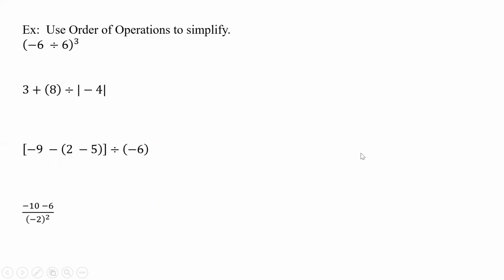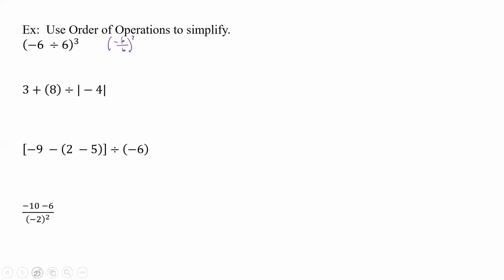So now we're going to use that PEMDAS, and we're going to simplify these problems. What we do is look at the problem. And what do we have first? Well, we have grouping symbols. That means we have something inside we need to do first. So we need to take a negative 6 divided by 6. Well, if we think about that, we could rewrite this as negative 6 over 6 cubed.